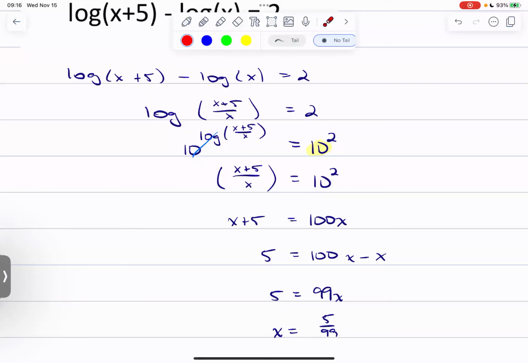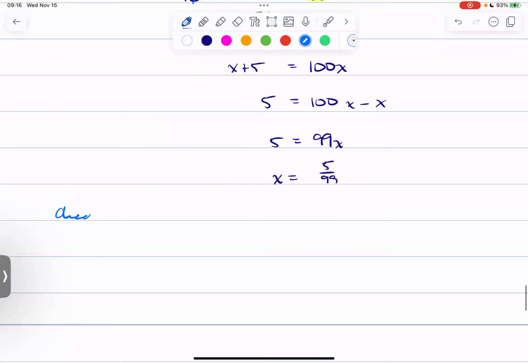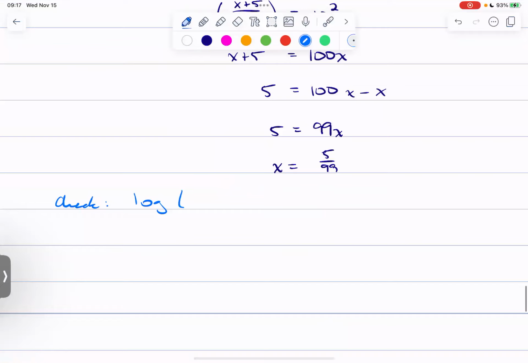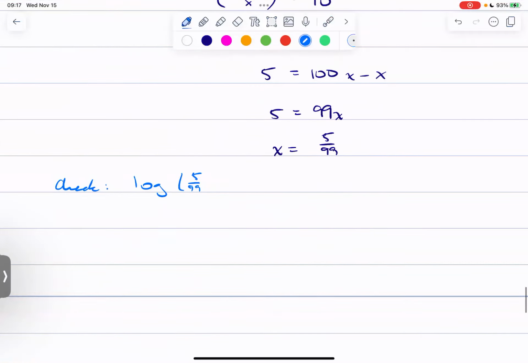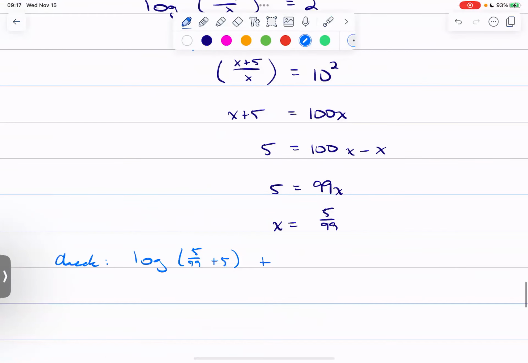So here we can always check it. The log of 5 over 99 plus 5, minus the log of 5 over 99. Does it equal 2? Let's try it. 5 over 99.